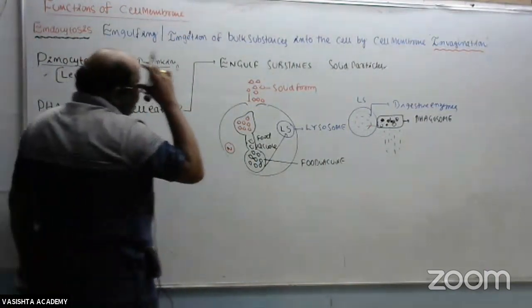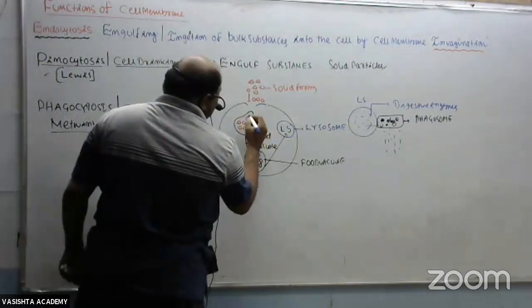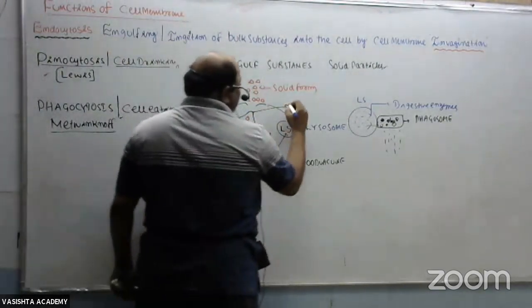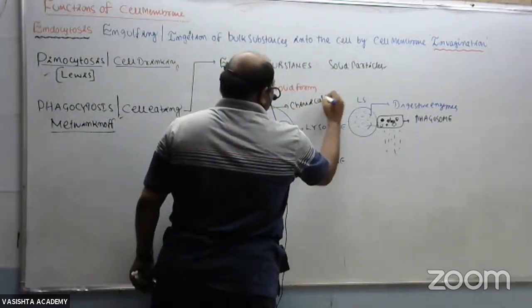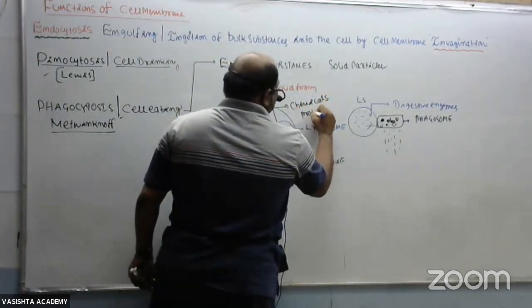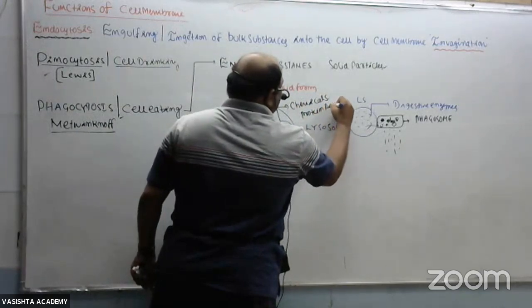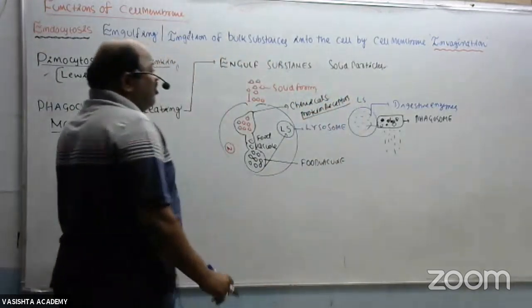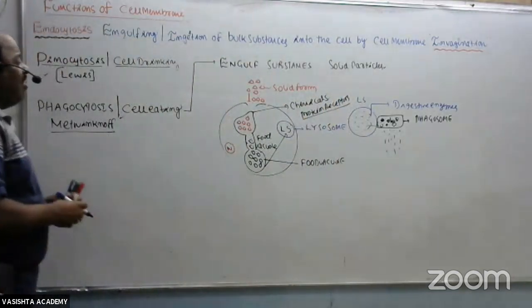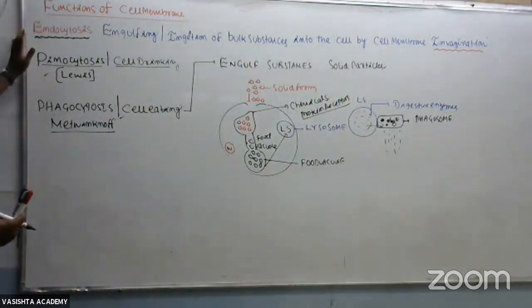When the phagosome is formed, the cell membrane has some separate protein receptors present to form these phagosomes. Now, this process is called endocytosis.